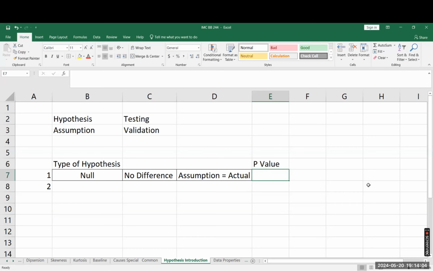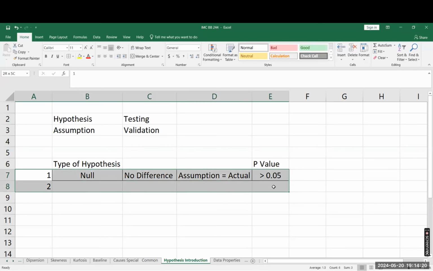And if your probability of the event occurring is greater than the risk level, greater than 5% or greater than 0.05, then this is called the null hypothesis. When you are outside the risk level, then only we say there is no difference, which means what you have assumed, you got it.